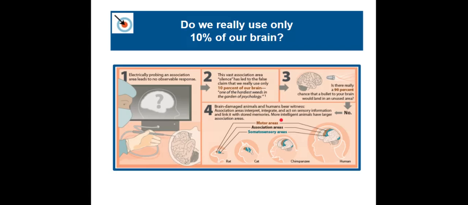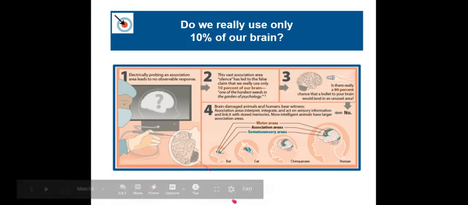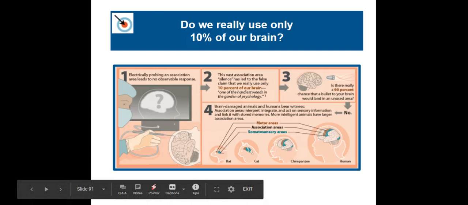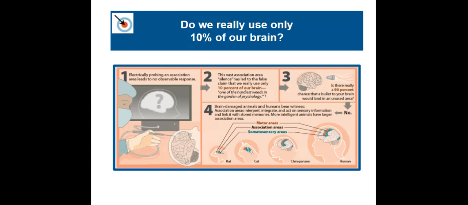The association areas, although they appear to be inactive when electrically stimulated, we are fairly certain that we use a good portion of them. And if a bullet was to strike the brain, there is a very high likelihood that your brain will be damaged, and depending on how intense the wound is, it can be quite extensive. Okay. It doesn't even take a bullet. It could be a trip and a fall and a smack on the concrete, or falling off a bicycle. All right, you should always wear your helmets.